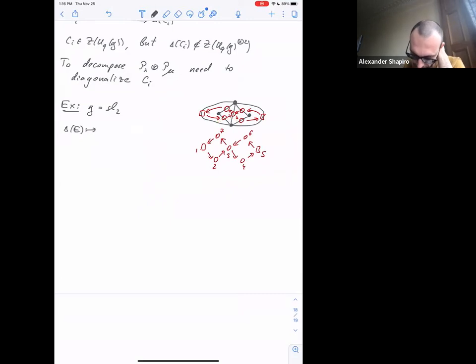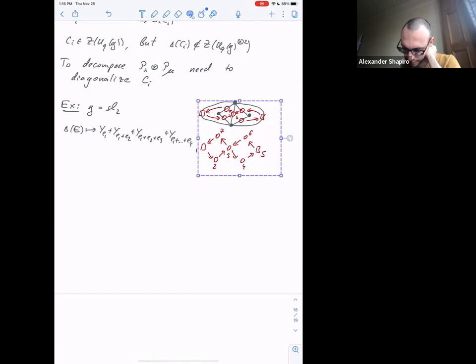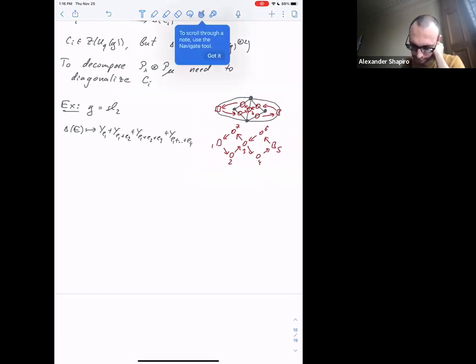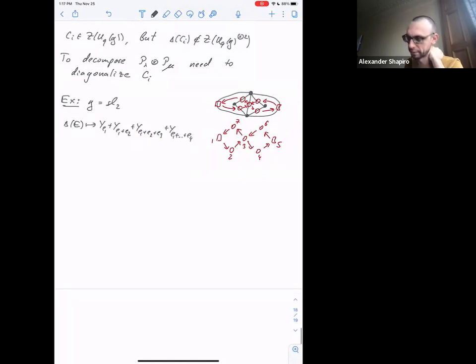So if you spell it out, it becomes YE1 plus YE1 plus E2 plus YE1 plus E2 plus E3 plus YE1 plus dot dot dot plus E4. And once again, when I read this subscript, E1 plus E2 plus E3, that just means that I multiplied Y1, Y2, and Y3 and put some appropriate power of Q in front, right?